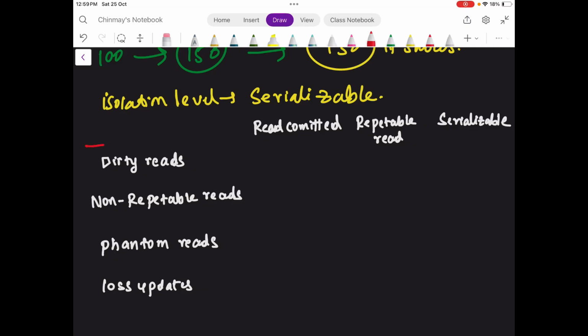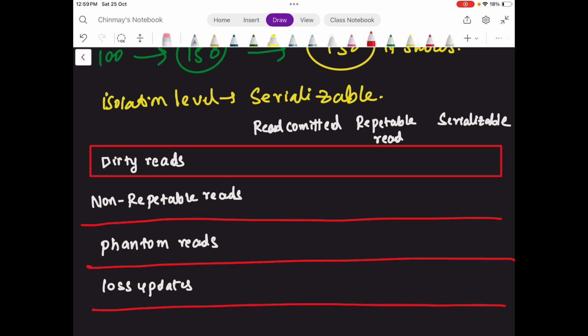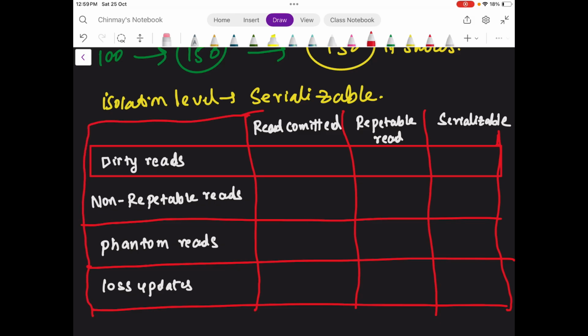Let's draw the table. For dirty reads, if you use read committed, there are no dirty reads, but there are non-repeatable reads, phantom reads, and lost updates.